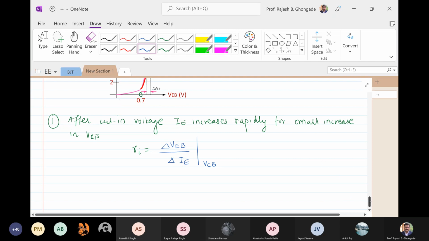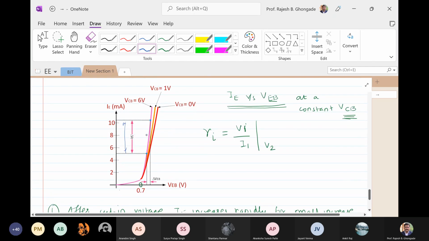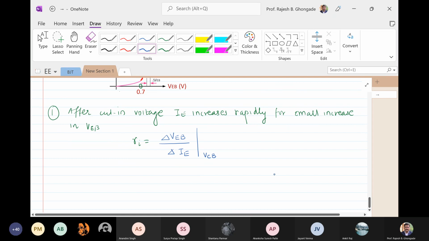अभी यहां कर्व से ही देख सकते हो, you can estimate what is the numerator, delta VEB, हाँ है कि नहीं है? यस सर. और delta IE देखो, तो वैल्यू क्या होगा Ri का? ज्यादा हो या कम होगा? सर छोटा होगा. ये कम होगा.